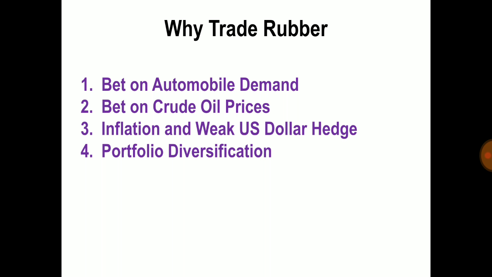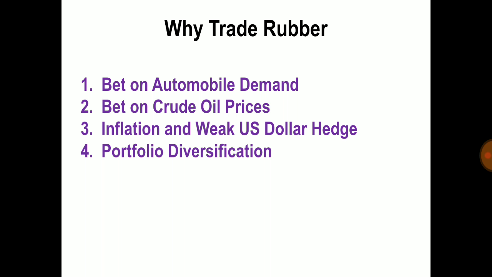The third reason is inflation and weak US dollar hedge. Trading rubber is a way to bet on a weak US dollar and higher inflation. Rubber is priced in US dollars, so the performance of the world's largest economy can impact its prices. The US Federal Reserve Bank has kept interest rates low and the US dollar weak for many years.